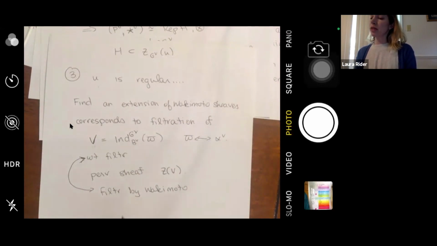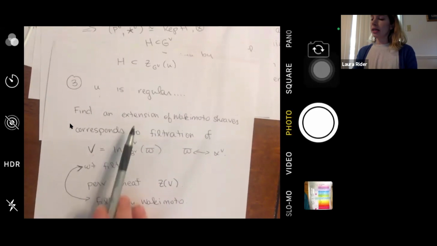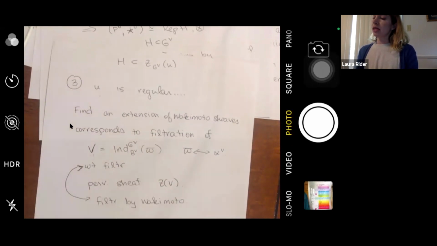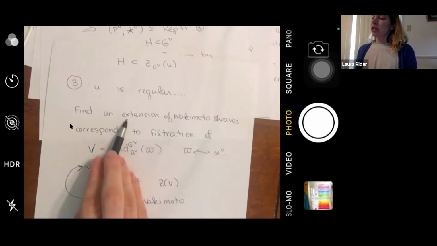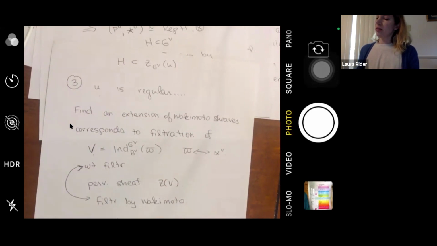This endomorphism comes from this non-split extension of Wakimoto sheaves. And because this extension is non-split, that forces this to be a non-trivial action.